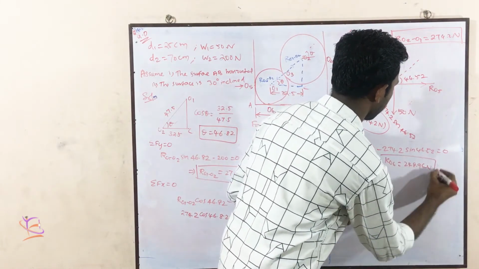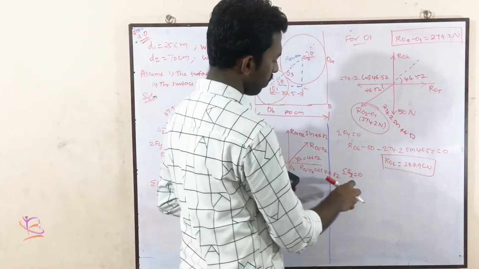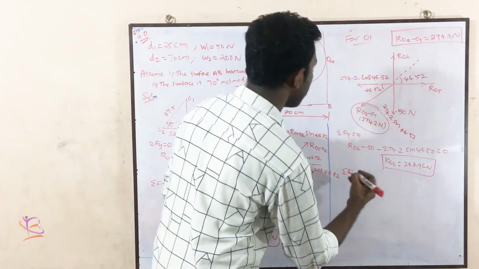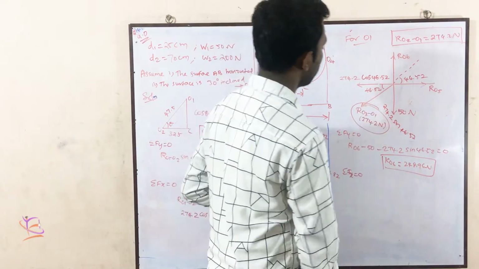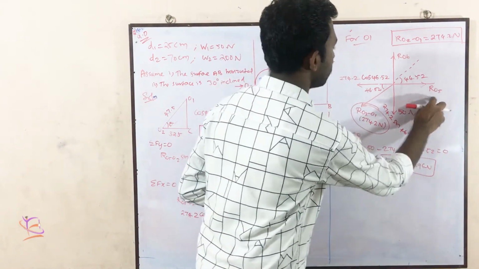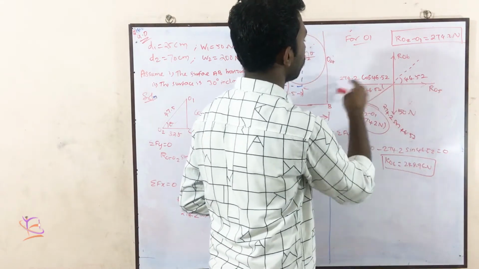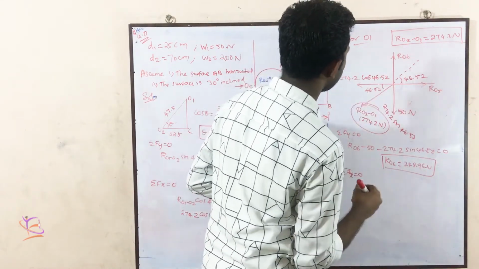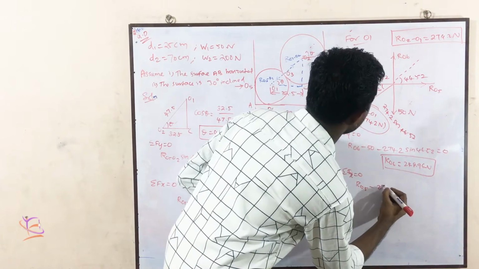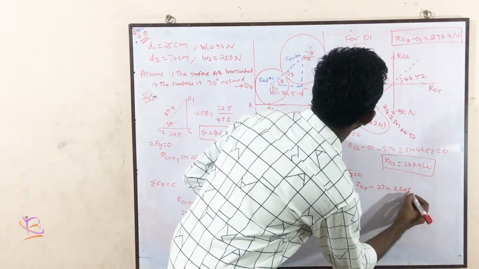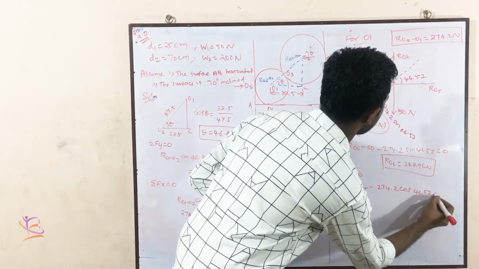248.96 Newton. Okay, R06. Next, summation Fx equal to 0. Summation Fx means the x-axis, so this is positive R05. Here nothing more is there, so this is the negative side. Only one thing is there, right? Minus 274.2 cos 46.52 is equal to 0.